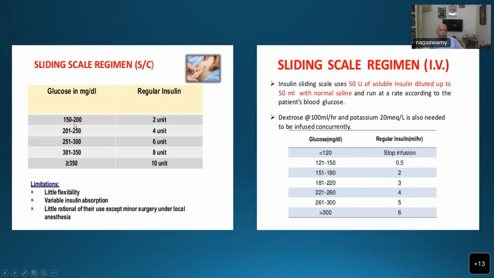If the blood sugar is 150 to 200, you give regular, that is short-acting insulin, 2 units; 201 to 250, 4; 6, like that. It keeps on increasing.